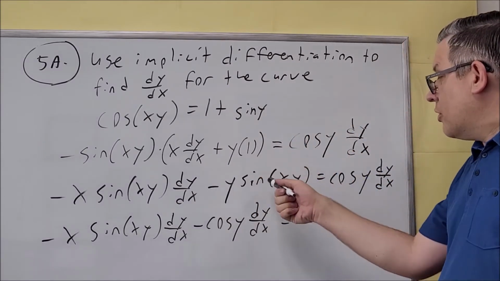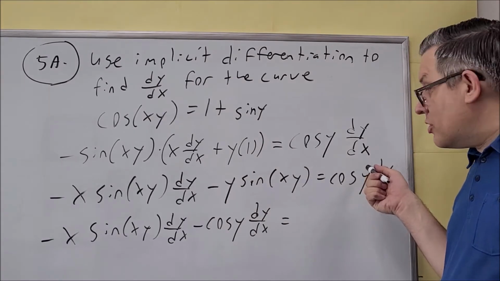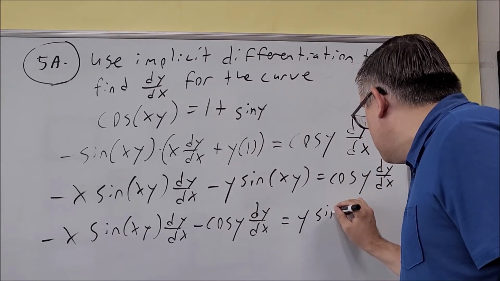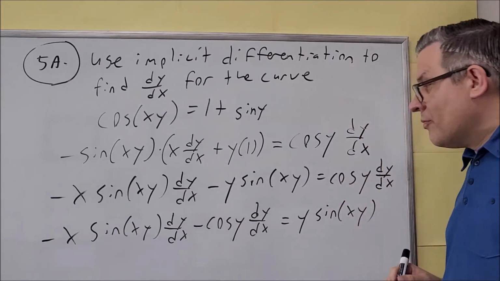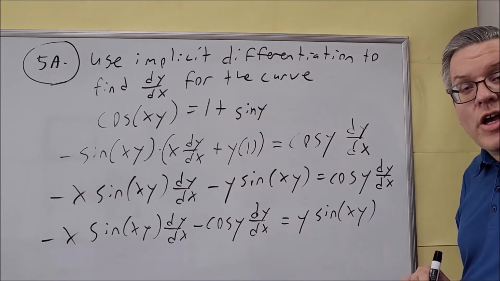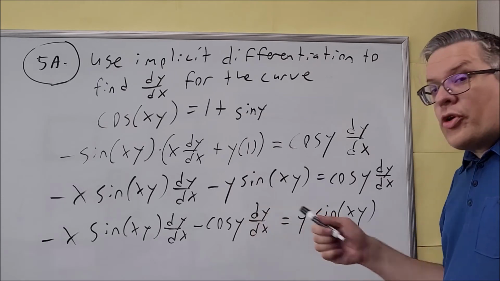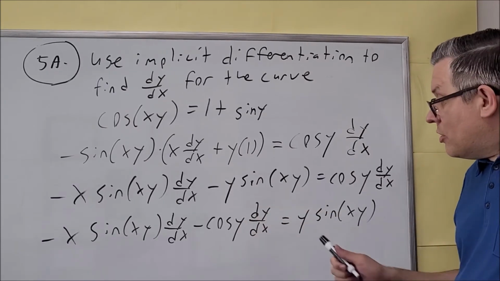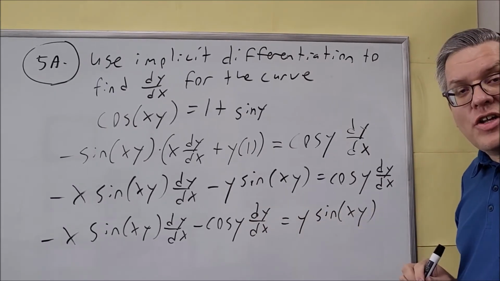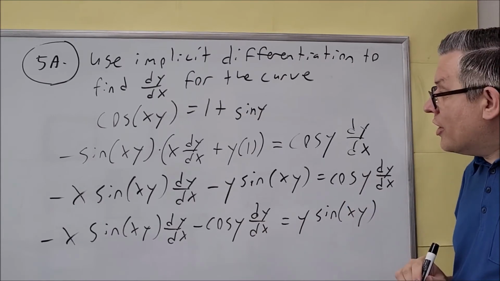Now this one here will become positive when I move that across the equal sign. Okay, so now we have all the dy/dx's on the same side of the equation. The reason for putting them all on one side is because you want to factor out a dy/dx next, so that way you can solve for dy/dx.